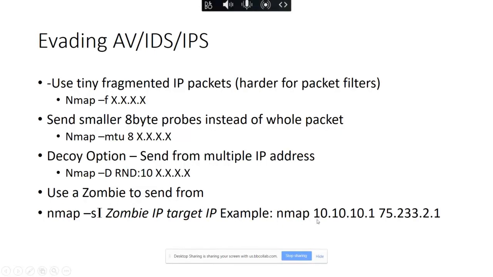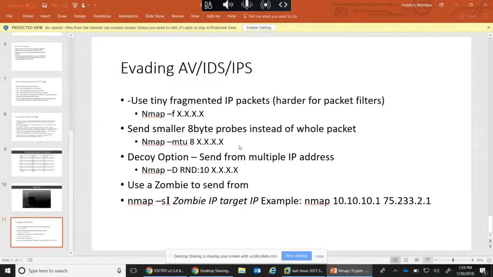So in this example, 10.10.10.1 is going to be the zombie, or the actual PC that I'm going to send the traffic off of, going to the target of 75.233.2.1. That's nice because if the intrusion detection system catches the traffic, it now thinks it's coming from someone other than you. It's coming from this IP address. So those are some options with Nmap.